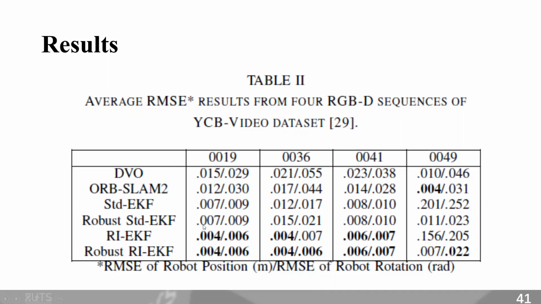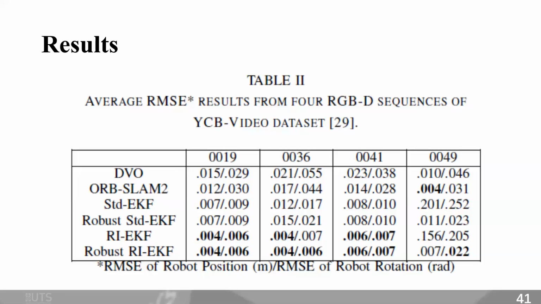You said one is using point features and one is using object features, right? So why is EKF better than optimization here? Right. Because the optimization-based methods use point-feature-based SLAM, but the standard and right invariant EKF use object-based SLAM.